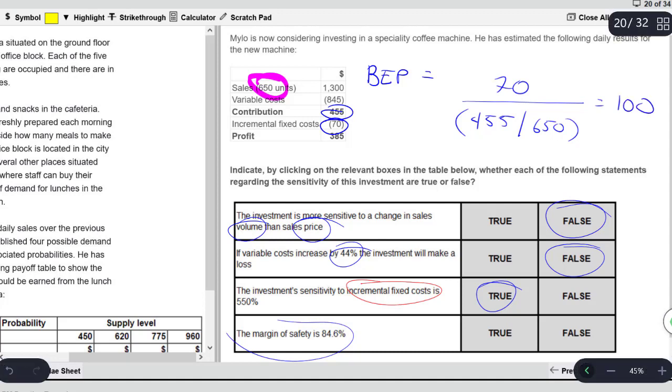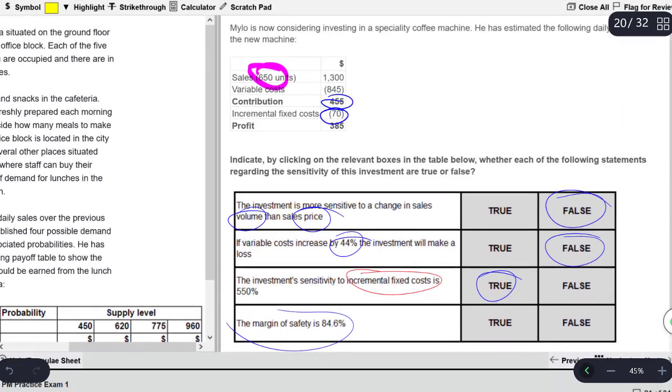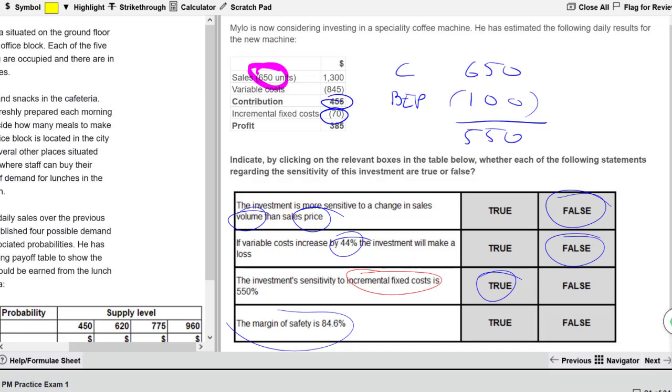The margin of safety then will simply be our current activity, which is 650. That's C for current. Break-even point, we just said, was 100. So the drop in units would be 550. That's the margin of safety. Our activity level can drop 550 units before we break even.